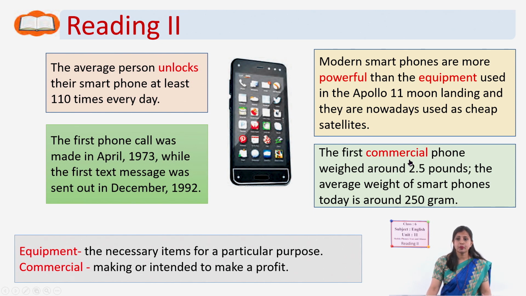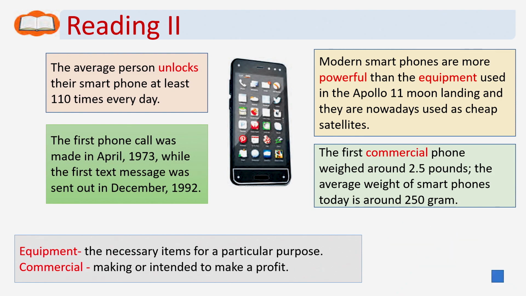So, the first commercial phone, it weighed how much? 2.5 pounds. And today's average smartphones, how heavy are they? Just 250 gram. Is it so heavy? If it had been heavy, we would never keep it in our pocket, would we? Yes. So, it just weighs around 250 grams.